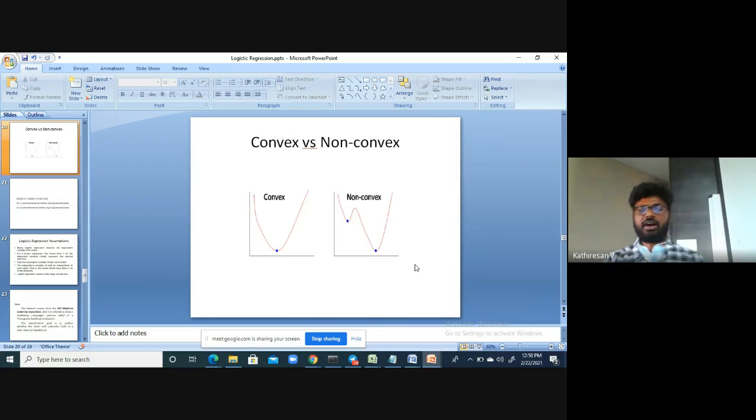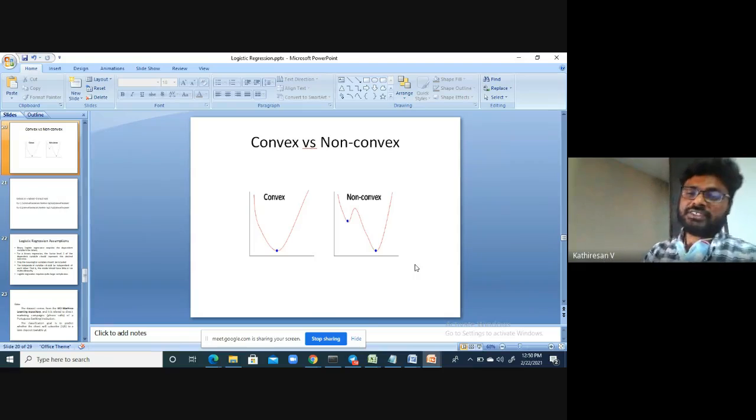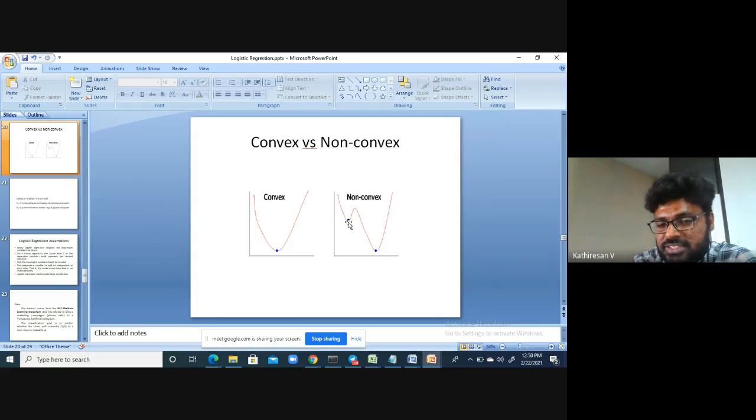But here in non-convex, the curve is like this. See here, if you apply the gradient descent algorithm on this non-convex, it gets stuck here, but this is not the global minima, this is a local minima. This is the only global minima.